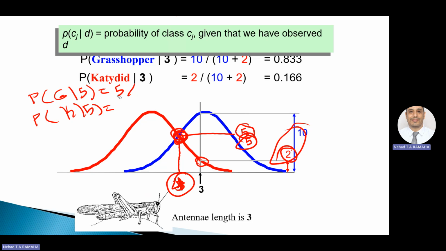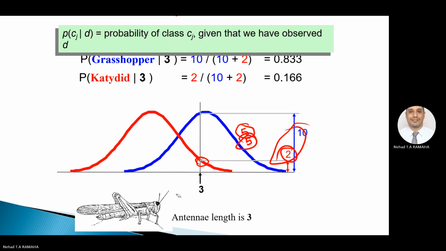Let me repeat it for you, because it seems you are a little bit confused. P of G given 5. You mean I should write the full formula? No, it's not about a formula. This is normal probability, not the Bayesian formula.